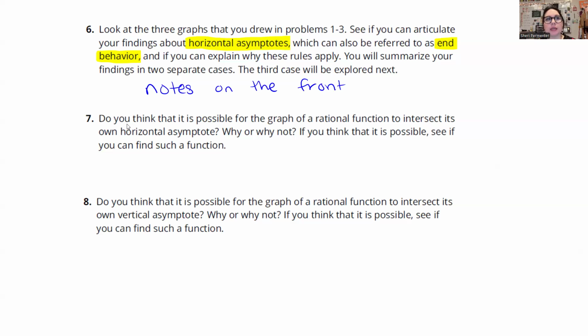Next, do you think it's possible for the graph of a rational function to intersect its own horizontal asymptote? Why or why not? If you think that it's possible, see if you can find such a function. Clayton already kind of talked about this. Is it possible? Yes, we're going to write that down. Which graph did that?